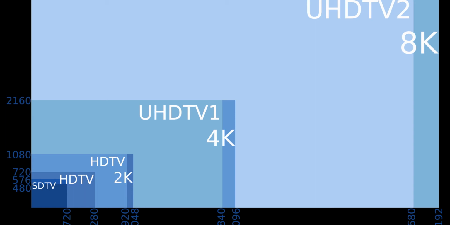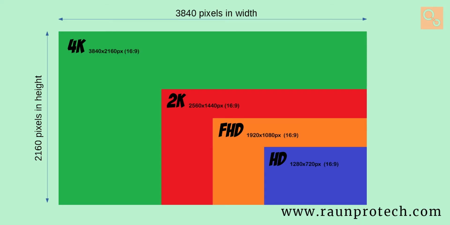Let's take 4K for example. It has 3840 by 2160 pixels for a 16 by 9 TV. It means it has 3840 pixels in width and 2160 pixels in height.